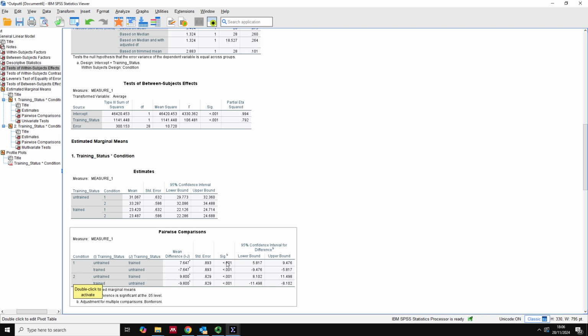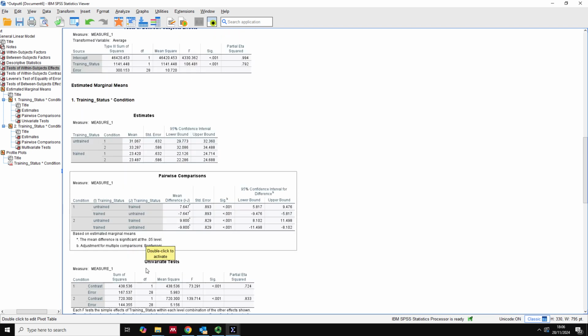That's less than 0.05, so it's significant. Then in the placebo condition, again, untrained had a significantly different 5k run time to those that are trained. That comparison isn't really that informative or scientifically interesting, because we know that trained people are going to have a better 5k run time than untrained people, usually irrespective of what intervention they receive.